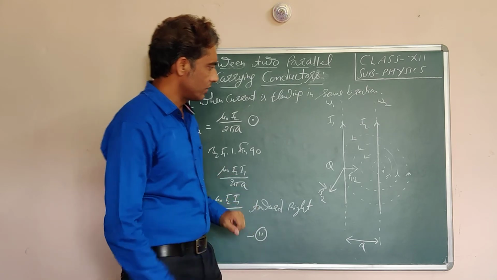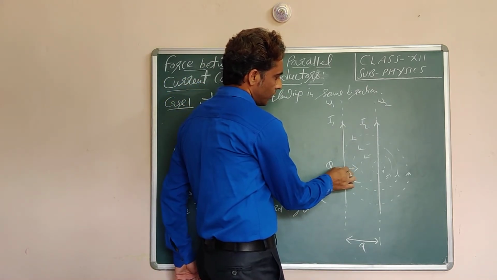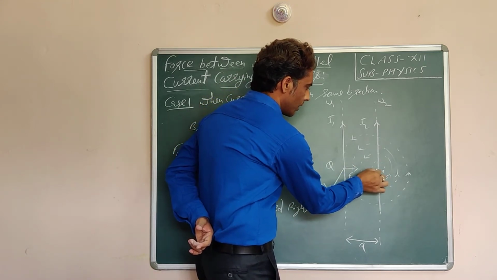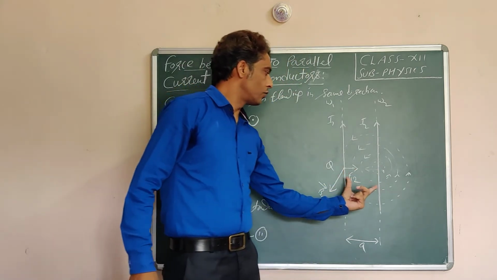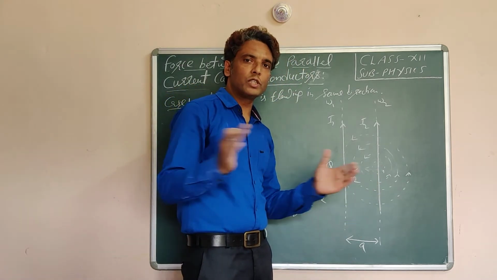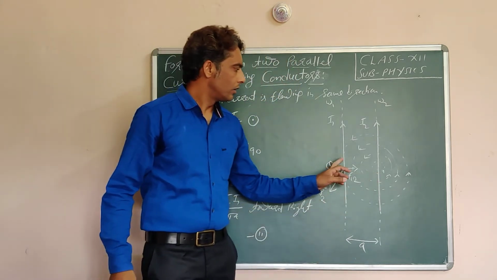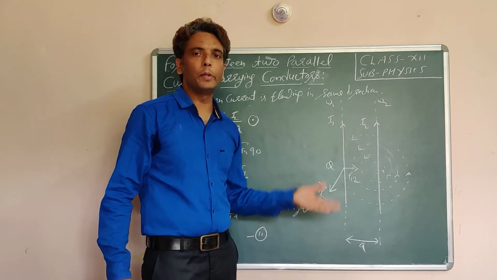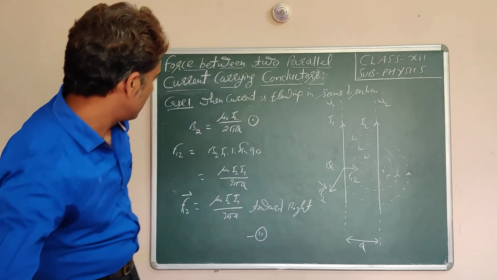If we see the directions, the force on this W1 is toward this side, and force on W2 is toward this side. So these two conductors will approach each other, or we can say that the force between these two conductors when current flowing is in the same direction is attractive in nature.